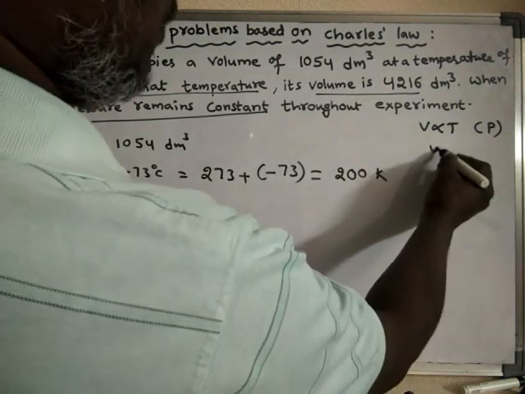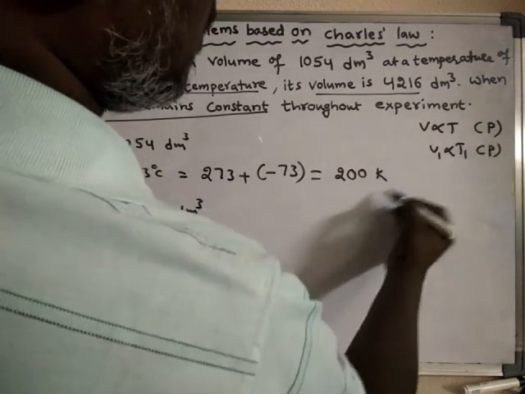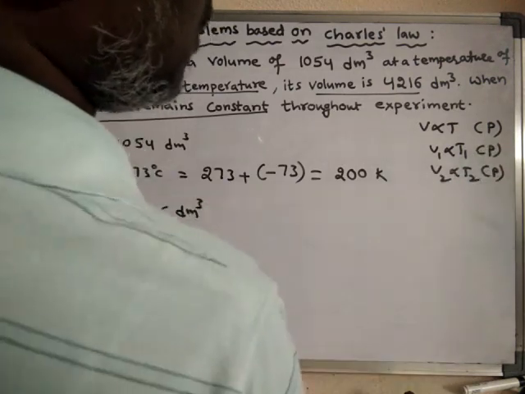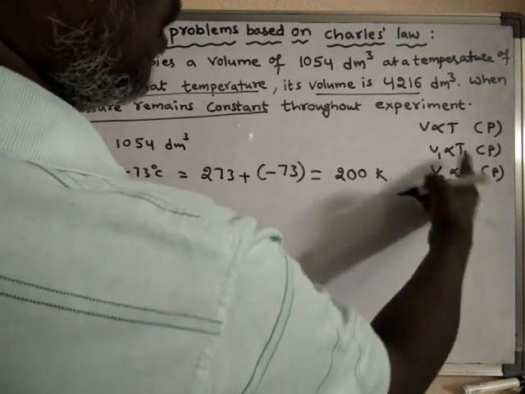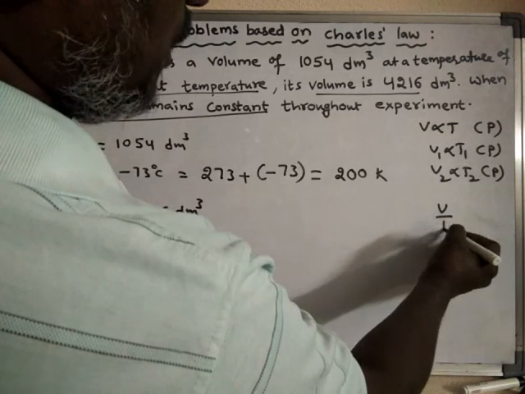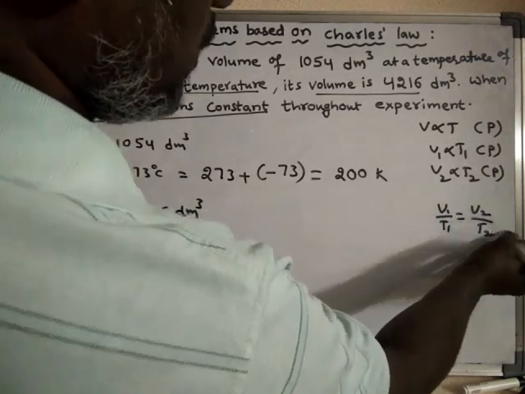If it is V1, then it is directly proportional to T1 at constant pressure. If it is V2, it is directly proportional to T2 at constant pressure. Upon combining these two, finally V1 by T1 will be equal to V2 by T2.